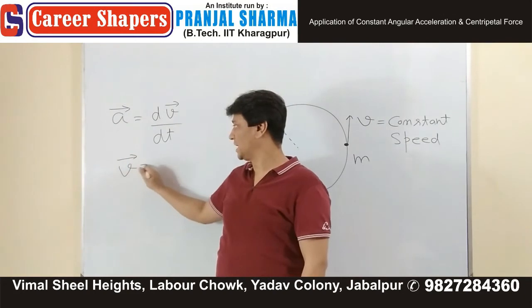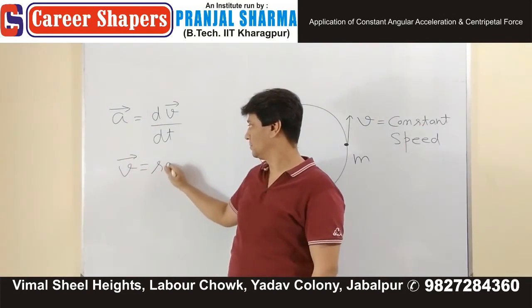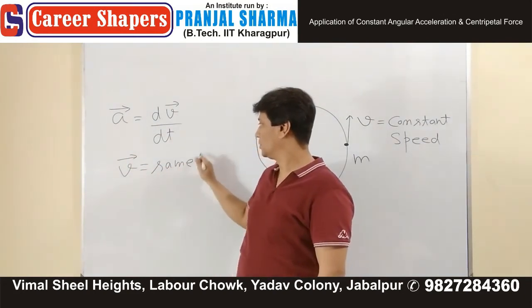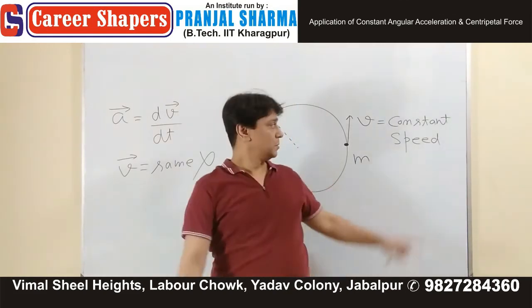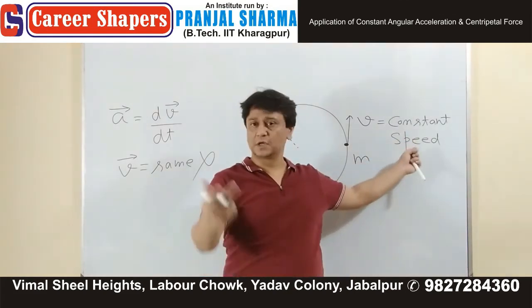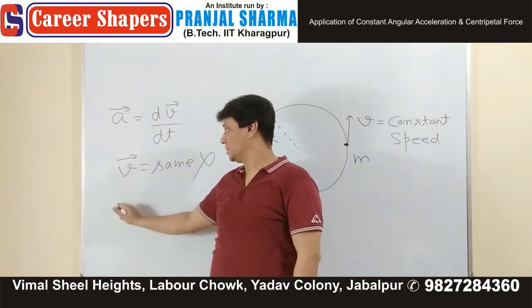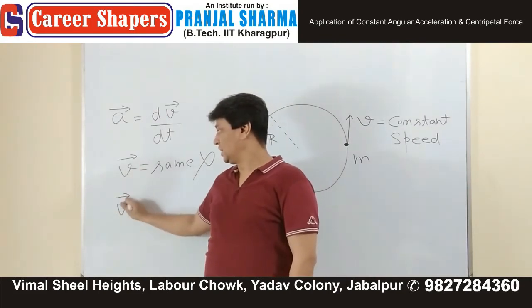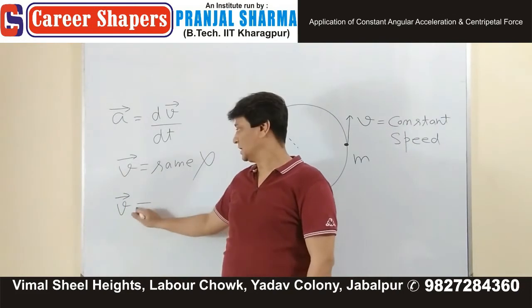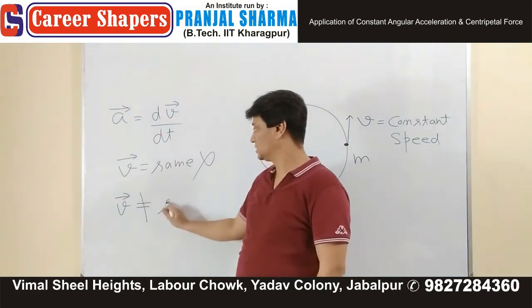Is V same? No. Only speed is same. In circular motion, there is no way you can keep direction same. That means V is not same.